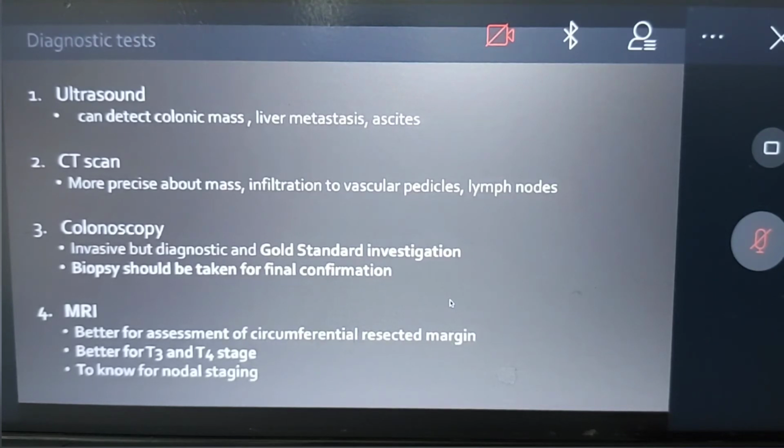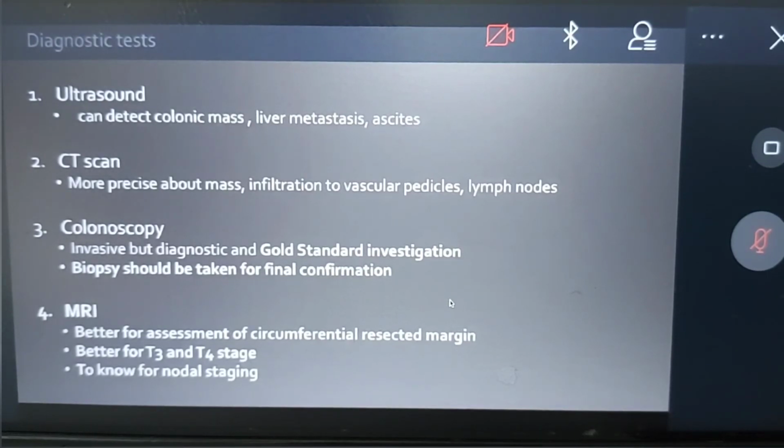Then CT scan is more precise about the mass, anatomical location, and whether there is involvement of the serosa, also infiltration to other adjacent structures and also to detect the metastasis. For colonoscopy, it's more invasive, but it's diagnostic and also the gold standard investigation.